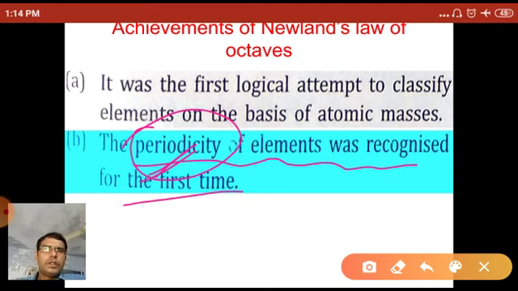So Newlands arranged the elements on the basis of increasing atomic masses, and he realized that the 8th element had similar properties to the first element. That means he first recognized the periodicity of the elements.